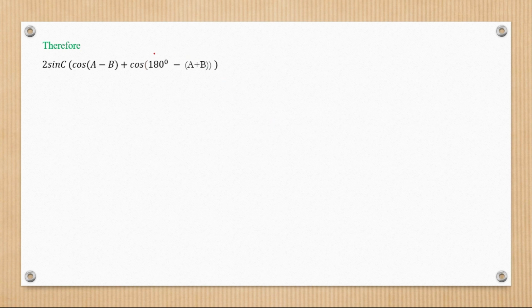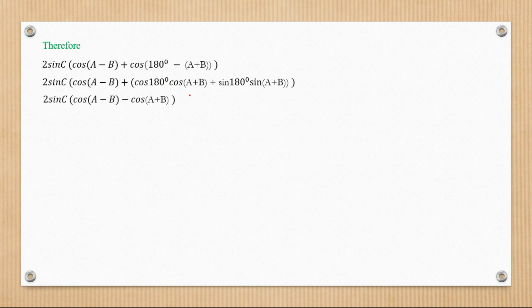Now applying the knowledge of compound angles, it expands to that. We also remember that cos of 180 is again negative 1, and sine of 180 is 0. So we end up with a negative in front of cos(a plus b), which means that there will be a subtraction sign.